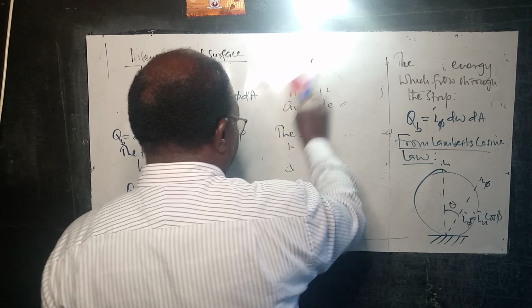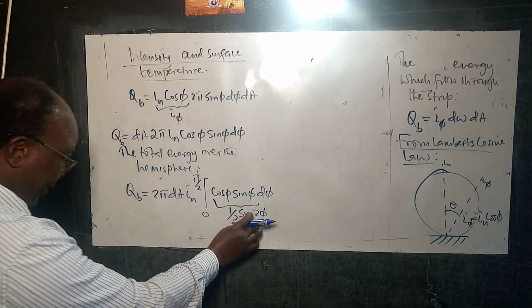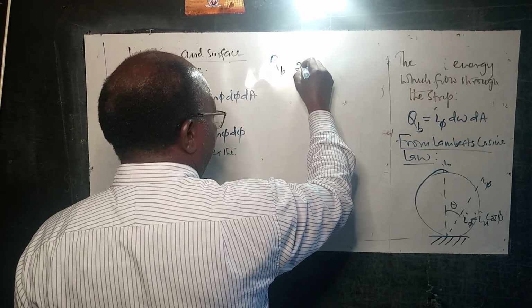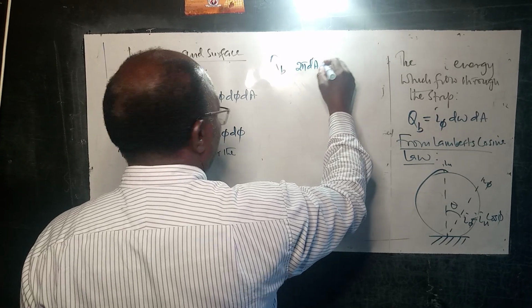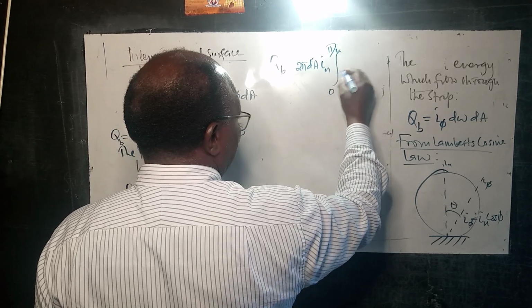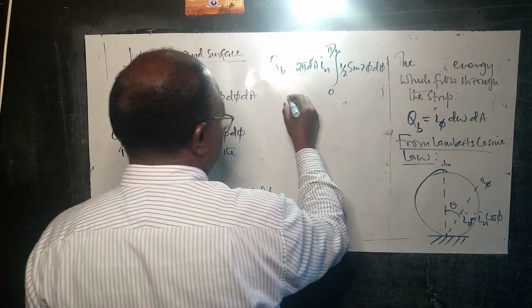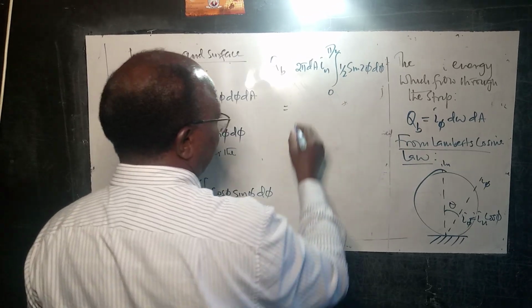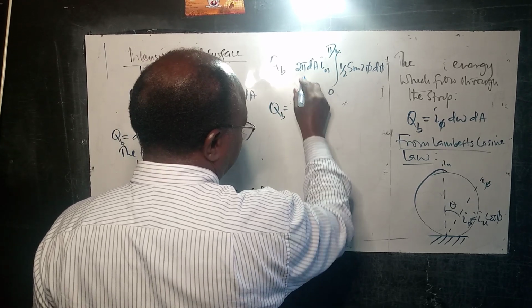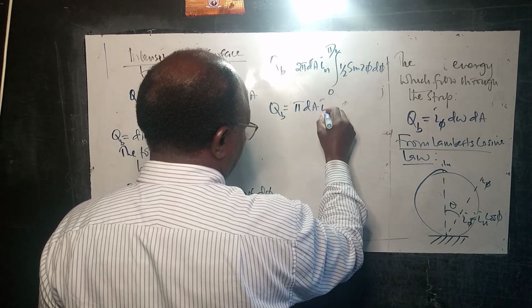So we have Q B is equal to 2 pi dA In, integral 0 to pi over 2, half sine 2 phi d phi. And this reduces simply to Q B is equal to pi dA In.